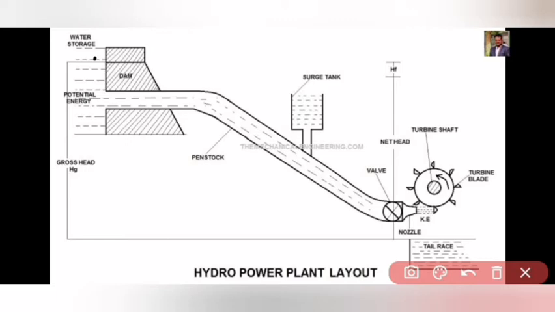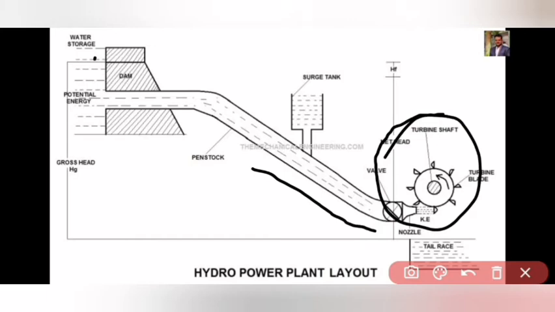The dam contains the water, which is the potential energy. When the water goes through the penstock near the turbine house, the potential energy gets converted into kinetic energy. Here the kinetic energy is converted to mechanical energy by the help of the turbine.